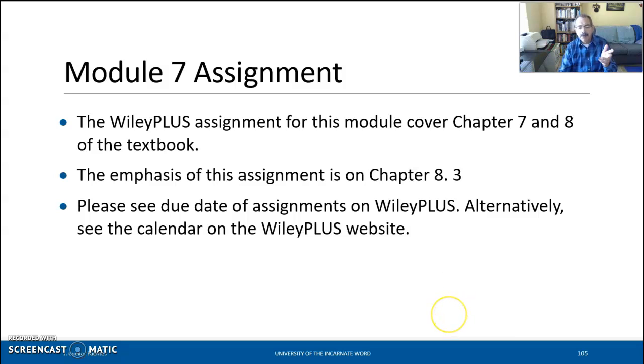So the first part of the Module 7 homework on Wiley Plus is due this coming weekend, and the last part of this module is due next week. And you can see this when you go on to the Wiley Plus website and look at the calendar.